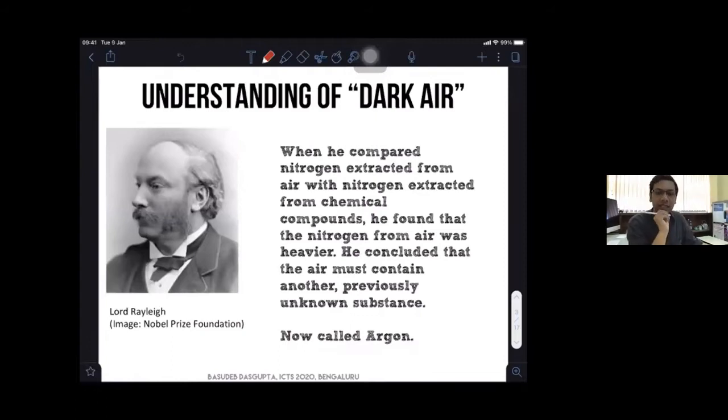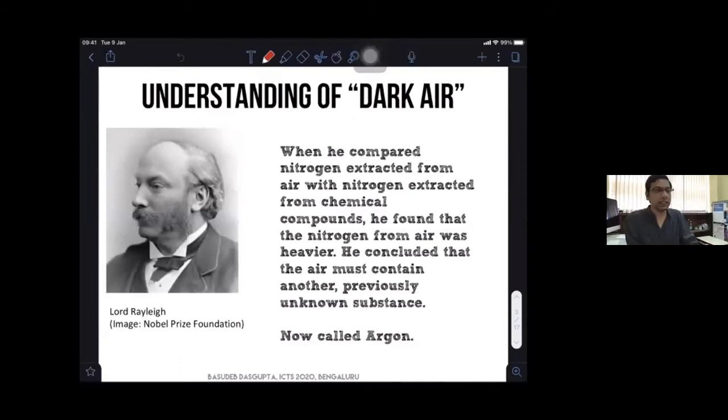Now, from this discrepancy, he figured out that what was there in air other than nitrogen was a little bit more of a new unknown gas called argon. And this argon gas is heavier, and that's what makes the nitrogen from air heavier.